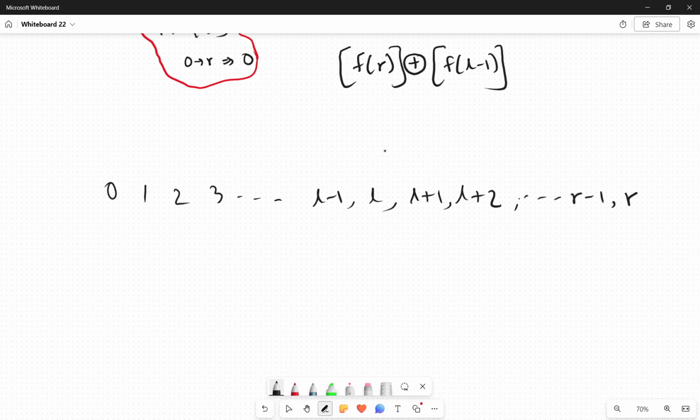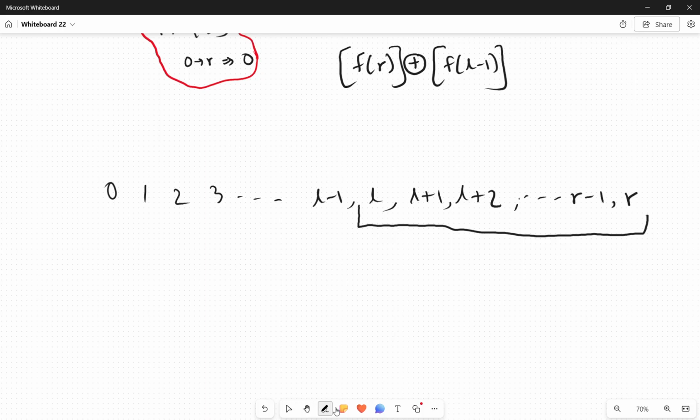So what my answer basically is, you do XOR of all these elements and do XOR one more time with all the numbers which are uninteresting, right?